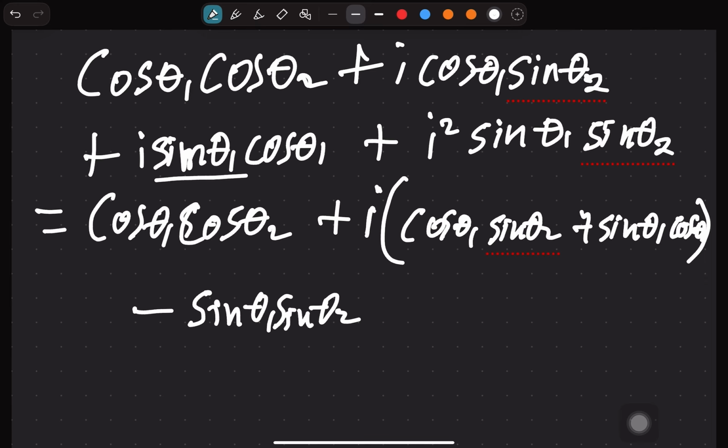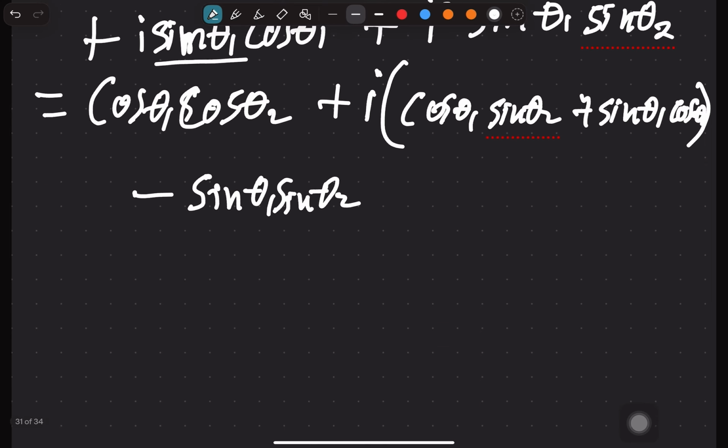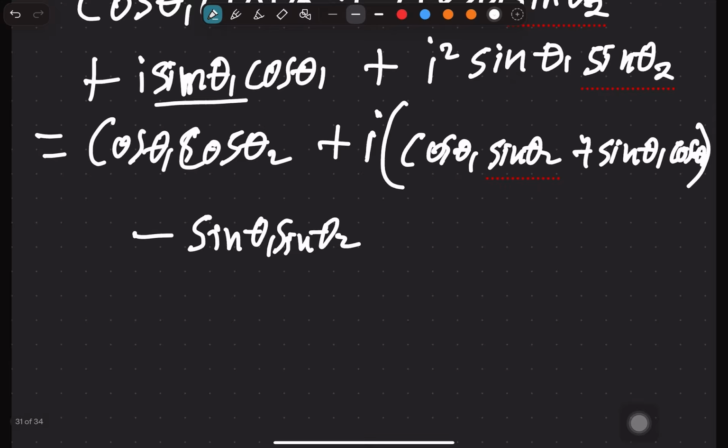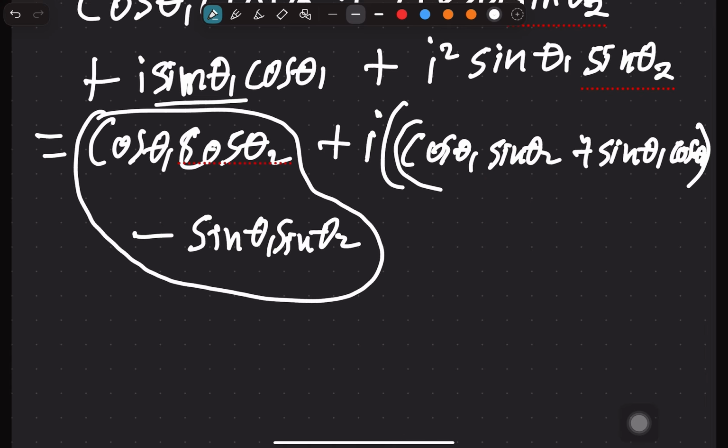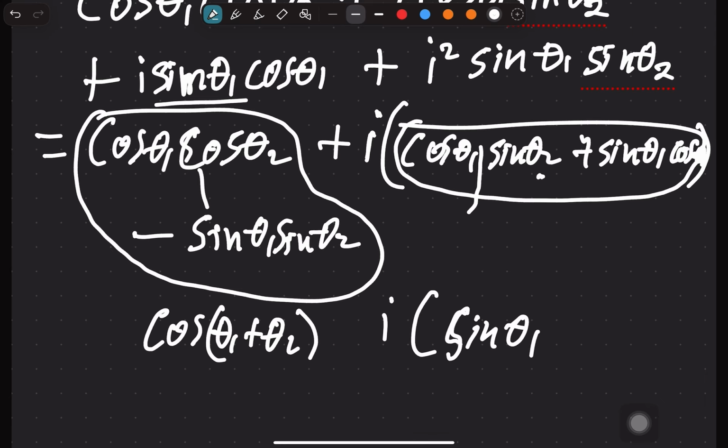At this point, we apply trigonometric identities to solve for the rest. The two we can identify: this part forms an identity, and this in the bracket also forms an identity. This part is cos of theta 1 plus theta 2, and this also is I sine of theta 1 plus theta 2.